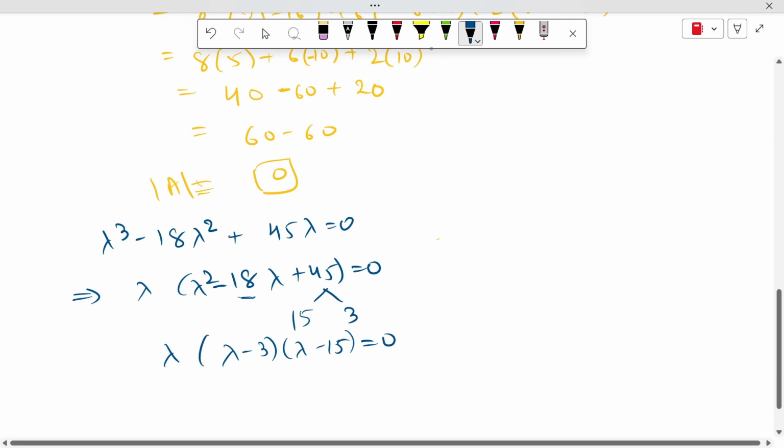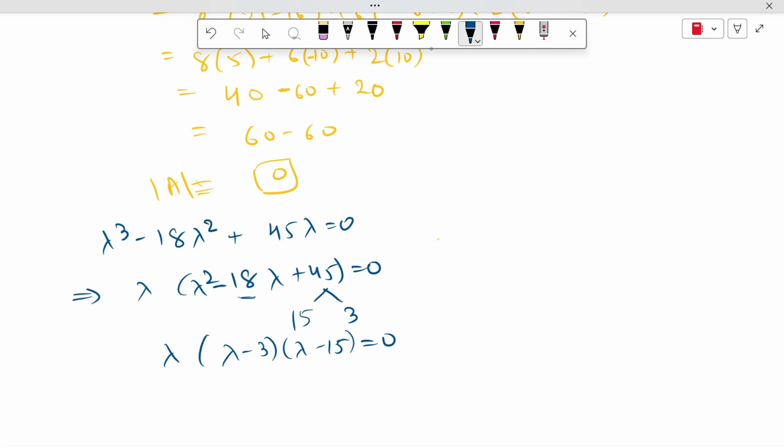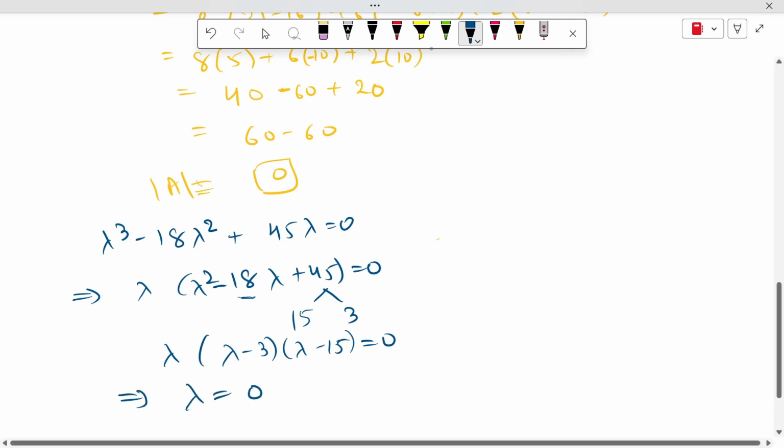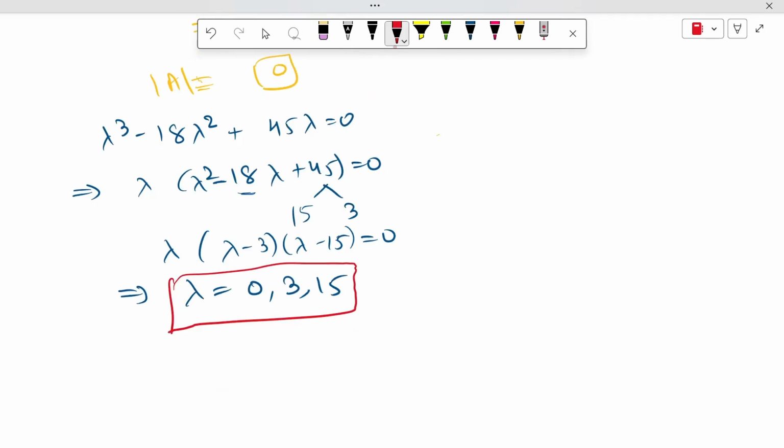How did I get this? You can try 1, 2 and 3. By putting 3, we come to know that it is becoming 0, so with 3 it will be 15. So lambda is equal to 0, 3, 15. So we got 3 eigenvalues, 0, 3 and 15.